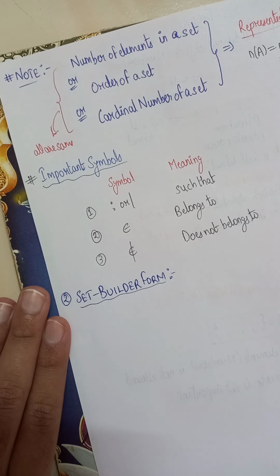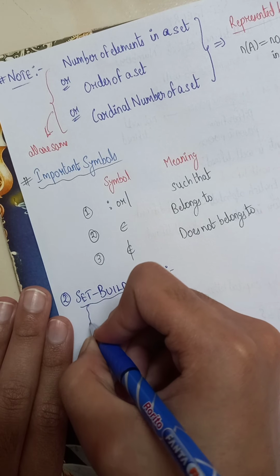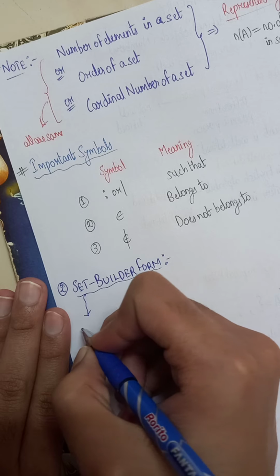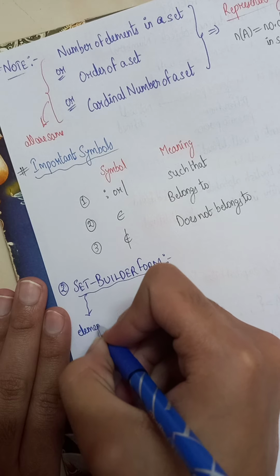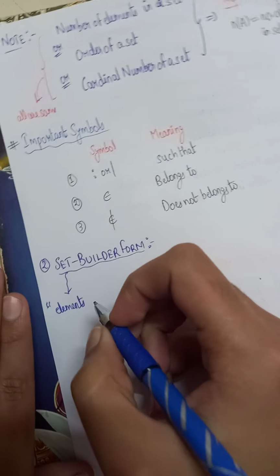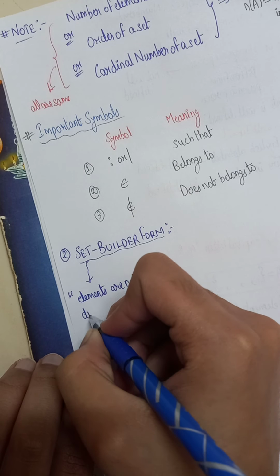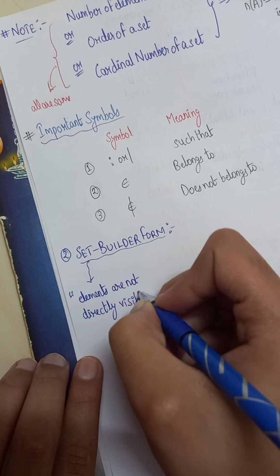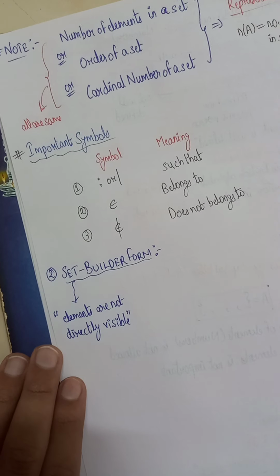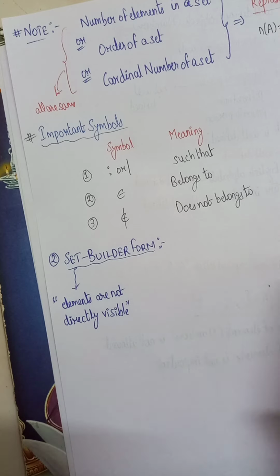In set builder form, the elements are not directly visible, as you saw them in the roster form.